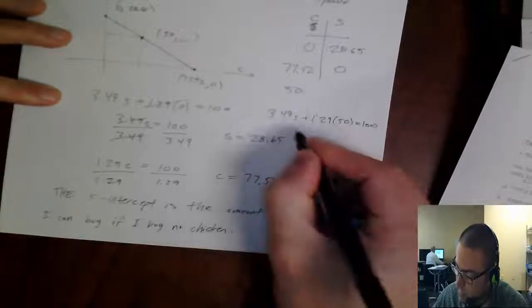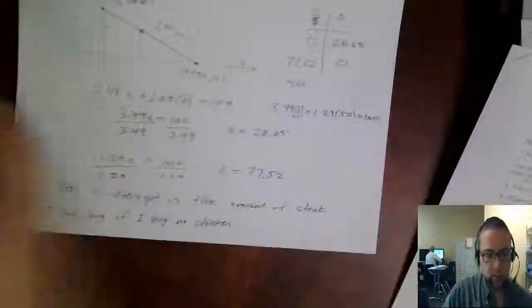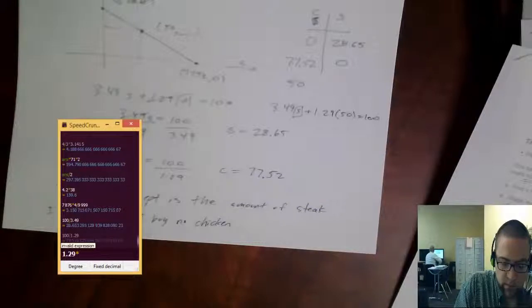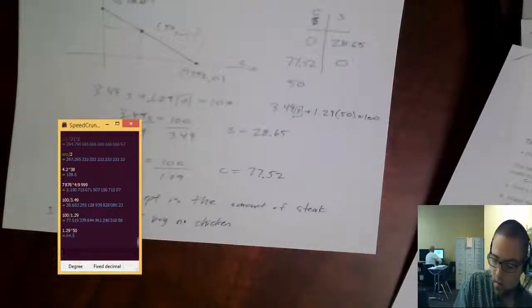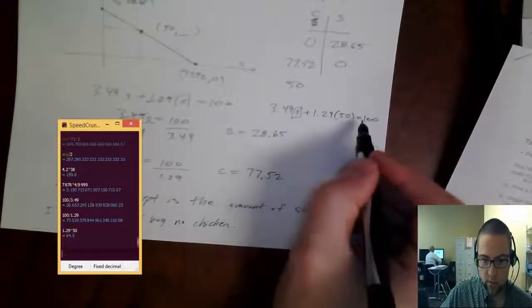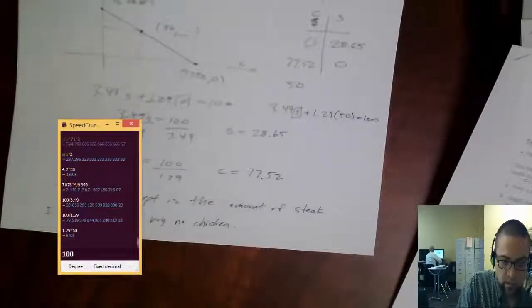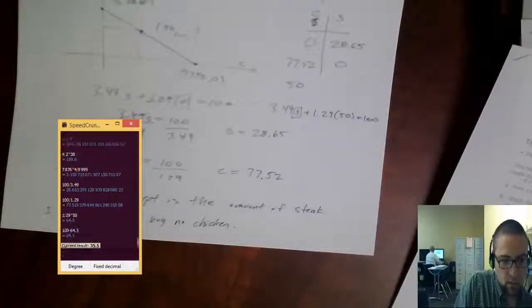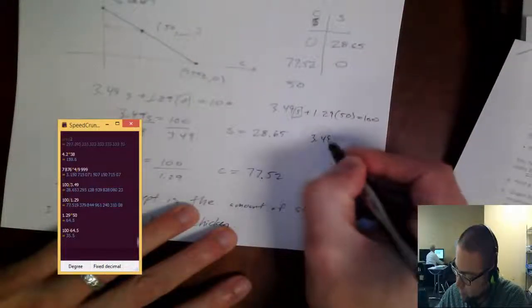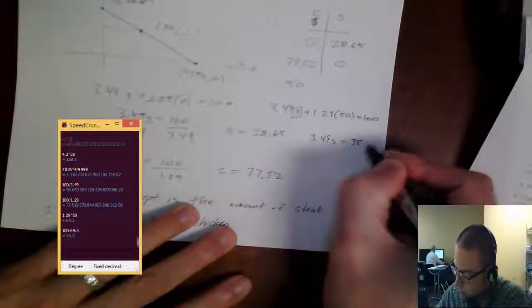What is the value of S? I multiply that out, 1.29 times 50, and then subtract that number from 100, and we get 3.49S equals 35.5.